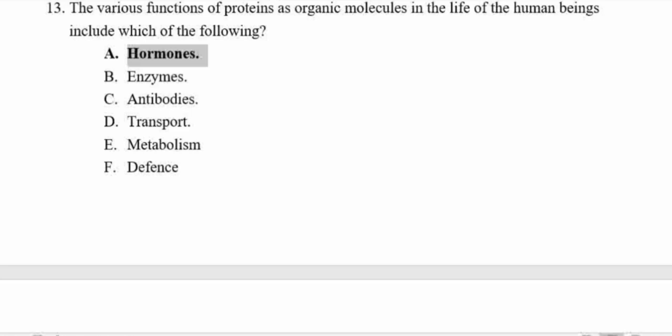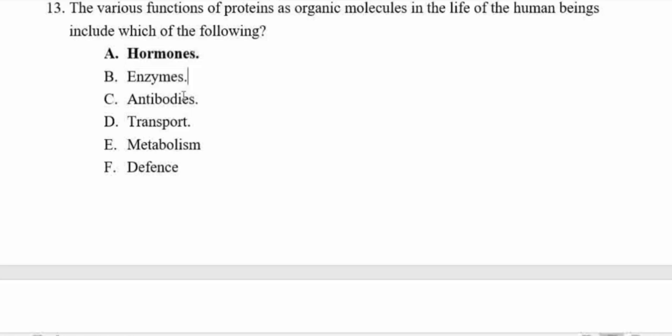Now think of a certain hormone that we call insulin. What does it do? The hormone insulin, we know, regulates the content of glucose in the blood of human beings and in cells. And then again, we also know of the presence of growth hormones in the body of human beings, which determine the height of an individual.